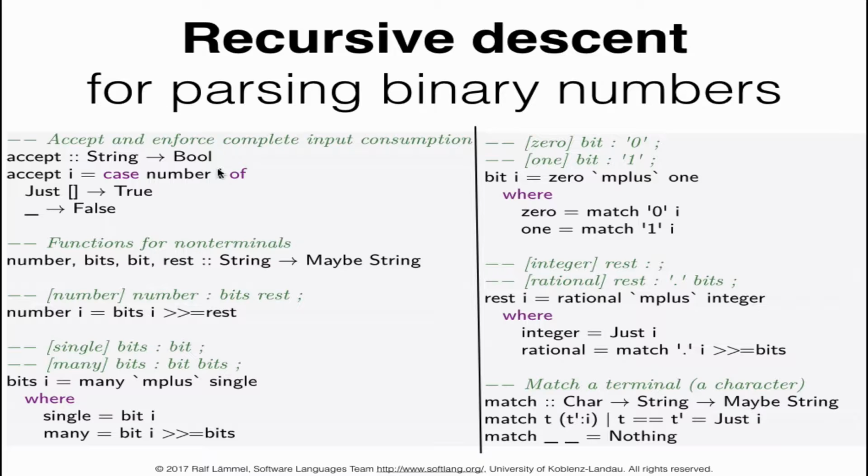And here at the top, we assume that we consume the entire input. Well, and then we just implement each non-terminal by a function, and we use the bind combinator for sequential composition, and we have a match function to consume terminals. So this is just common recursive descent style.